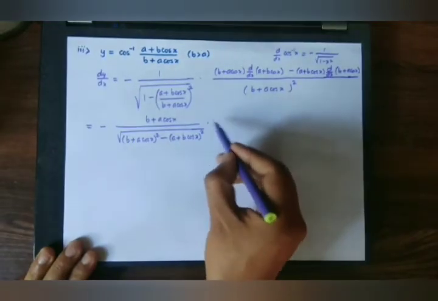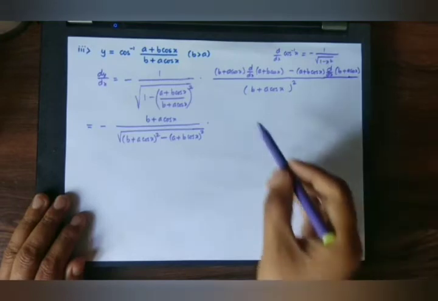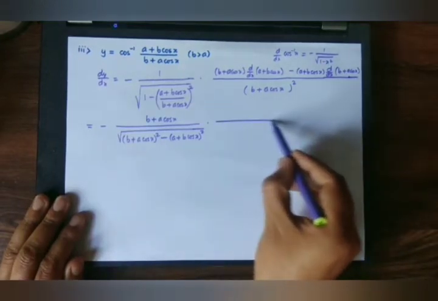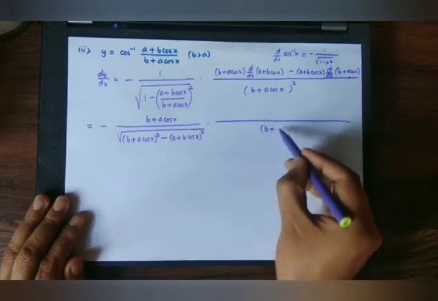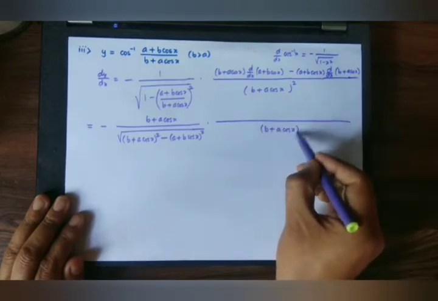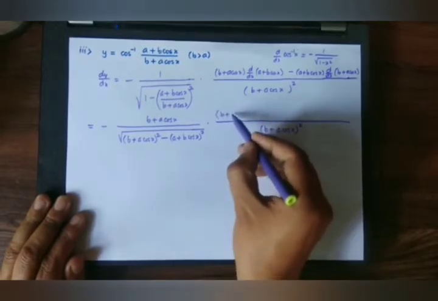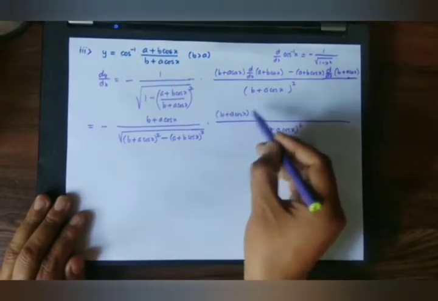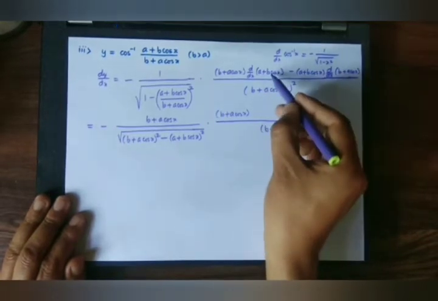So this is the simplification of this part. Now in the denominator we have the same thing, that is (b plus a cos x) whole square. Now simplify the numerator. Now differentiate this part. Differentiation of a is going to be 0, so let's not write that.